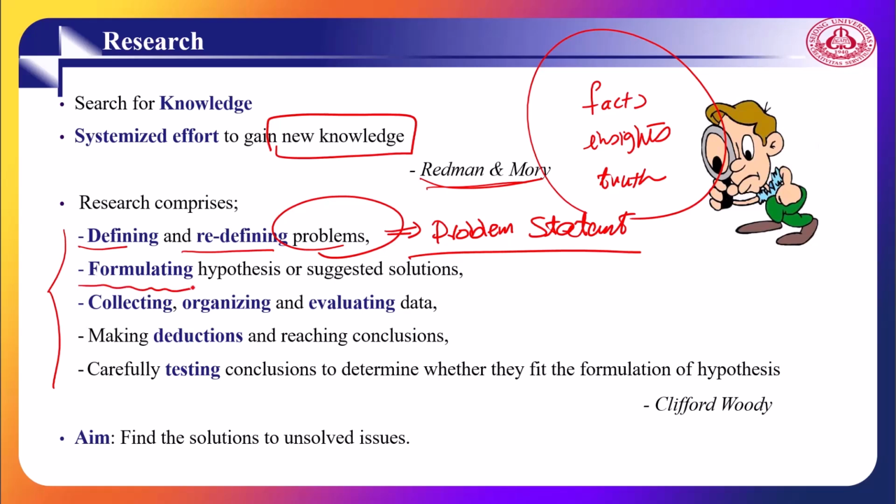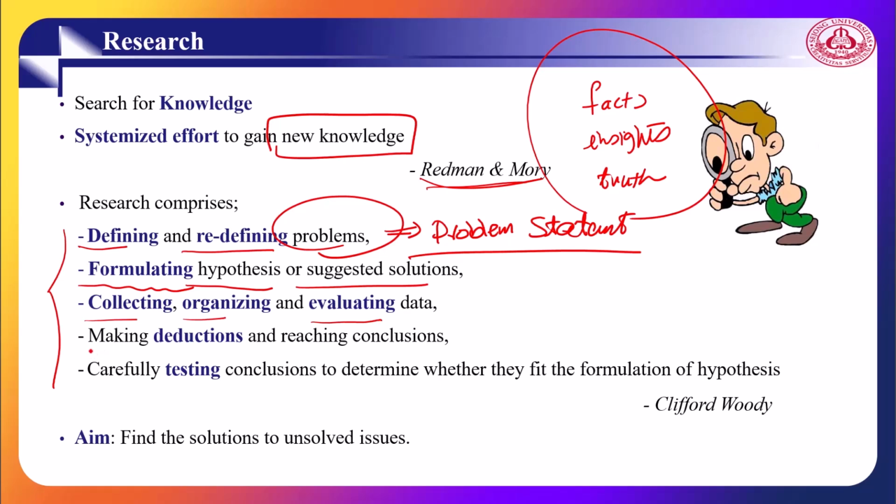The second one is formulating the hypotheses or suggested solutions. We try proposing tentative solutions or explanations that guide the inquiry that we have. The next step is collecting, organizing, and evaluating data. We try to gather relevant information, and we also need to organize it, and finally we have to critically analyze it.